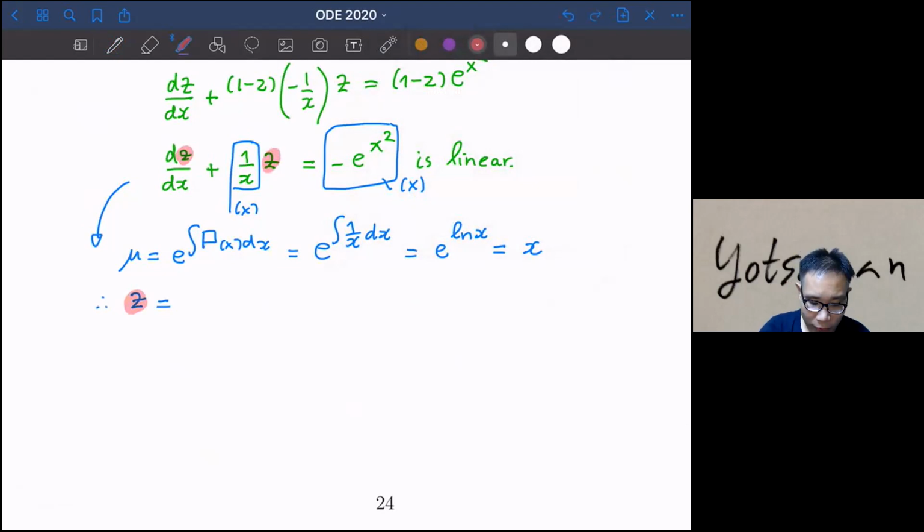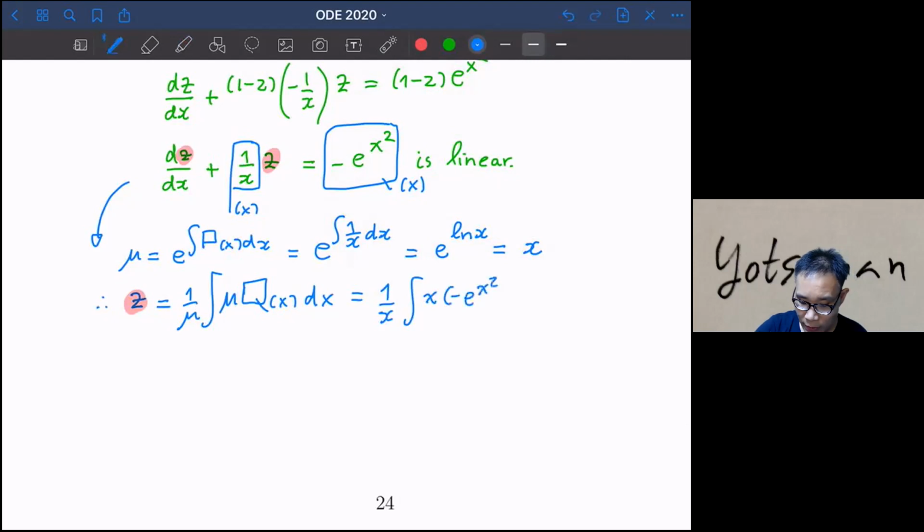So you have z equal to 1 over mu times the integral of mu Q(x). So it's going to be 1 over x, and you integrate x times negative e to the x squared dx.